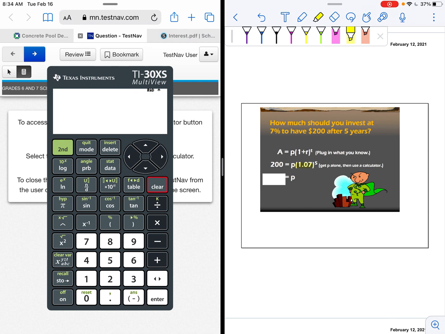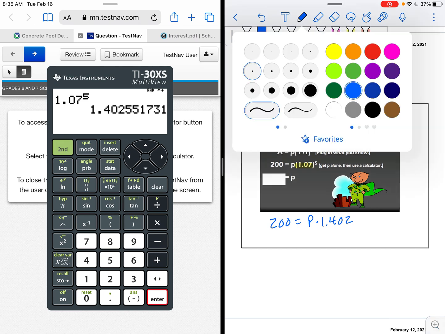So over here on my calculator, I'm going to take 1.07 and raise it to the 5th, and I get 1.4 times P. And I'm going to write this down here. So basically, I now have 200 is equal to P times this big thing, 1.402, blah, blah.